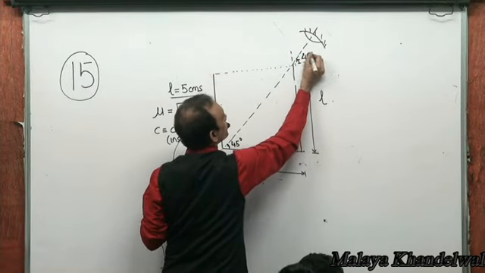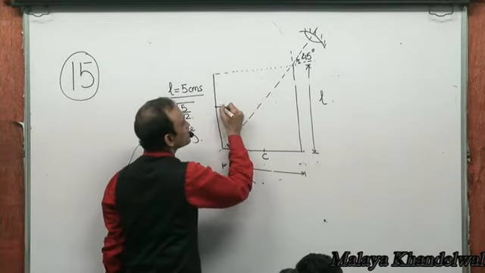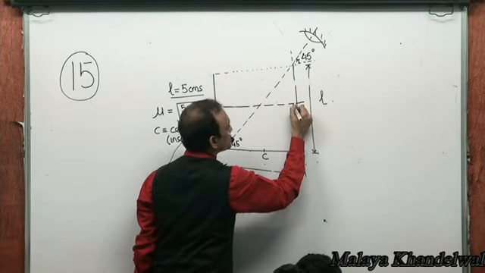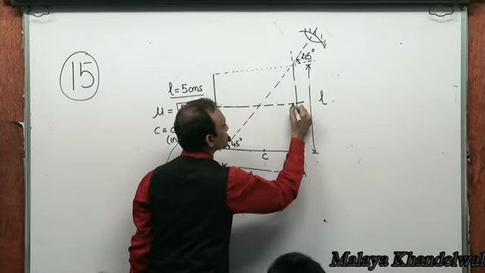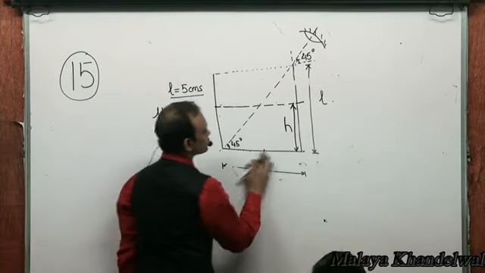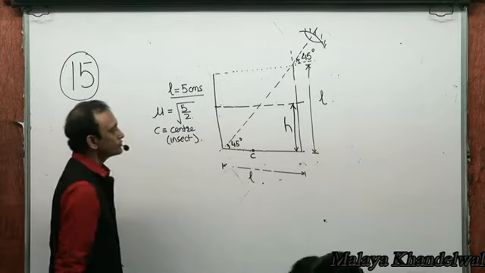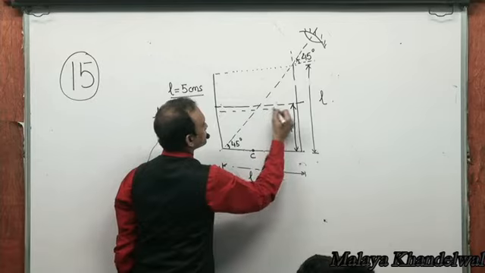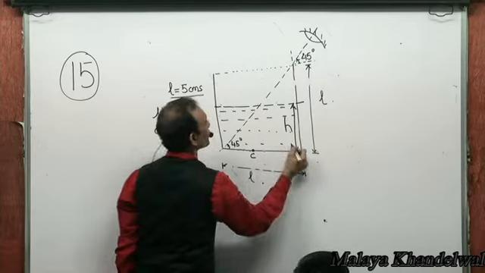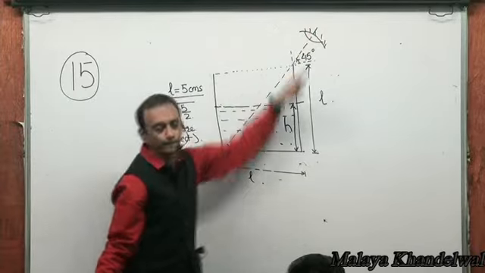Now what I seek to do is fill this tank up to a height h. There is liquid here, refractive index mu equal to root 5 by 2. And I want this C in turn to be visible to this eye.